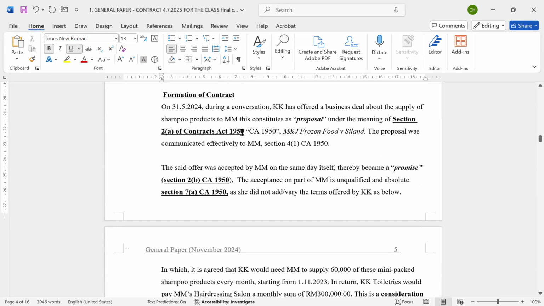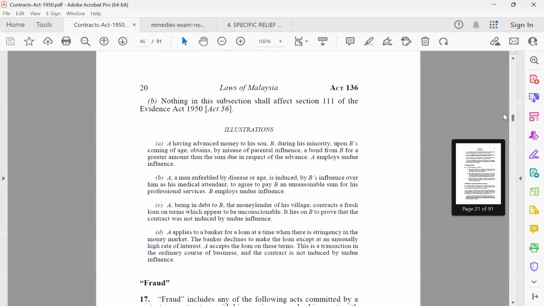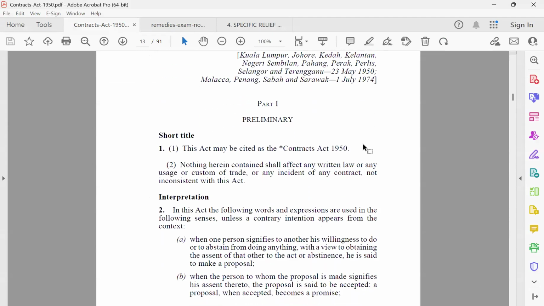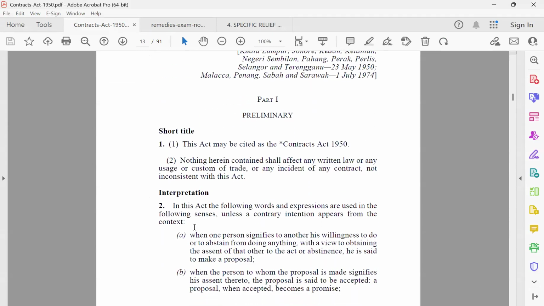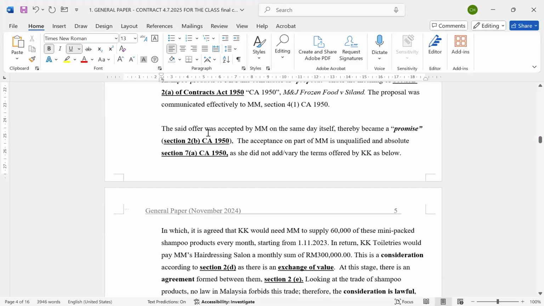Always remember, if you start flipping your Contracts Act, you can see 2A. When somebody offers that he wants to do things or prevent himself from doing things, he is said to make a proposal. So this one is very important. Okay, you put it this way. Then subsequently, he lays out the terms and conditions, isn't it?